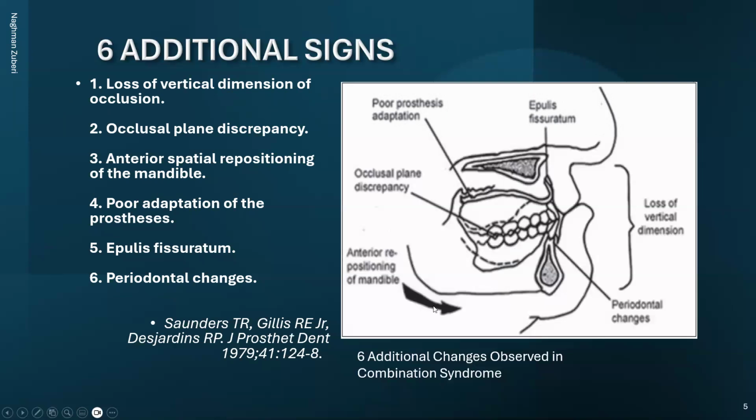The mandible is being positioned anteriorly. Then poor adaptation of the prosthesis; the prostheses are not adapted properly on the denture bases. Epulis fissuratum may also develop. And periodontal changes in the anterior natural teeth.